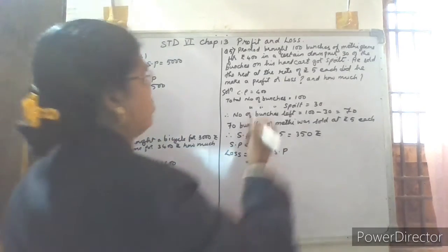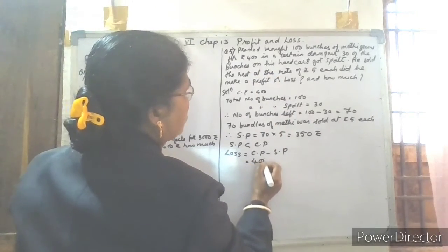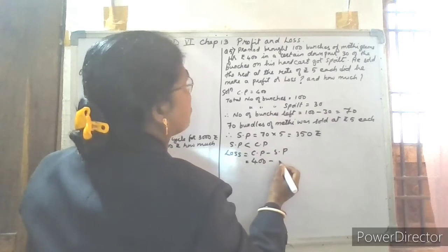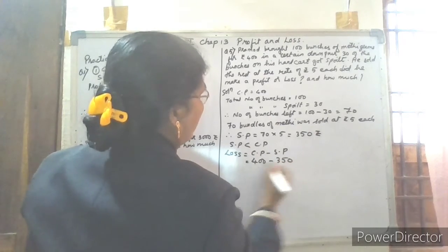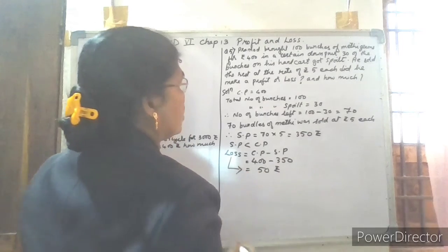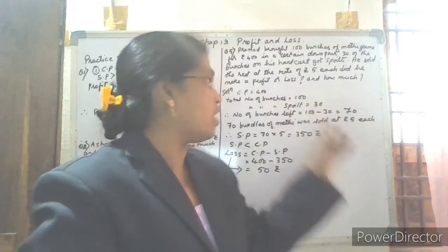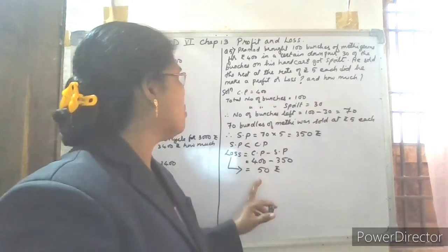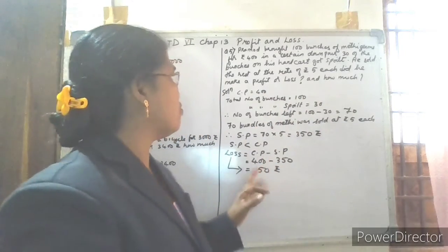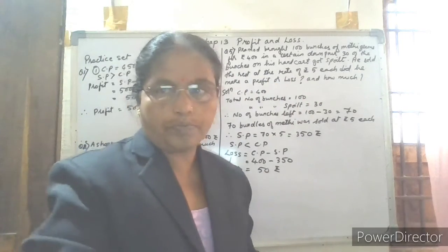Now, cost price is 400 rupees minus selling price 350. That is equal to 50 rupees. So he incurred a loss, and his loss is 50 rupees. This is the solution of this question.